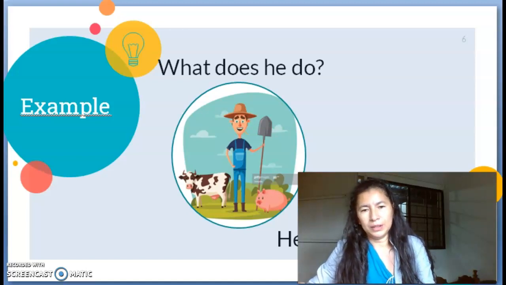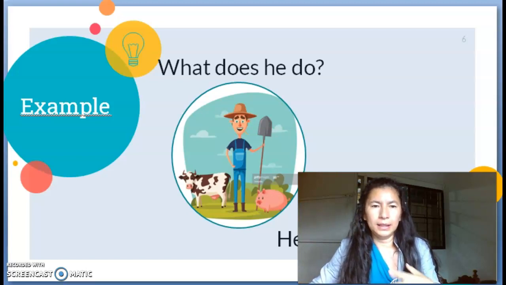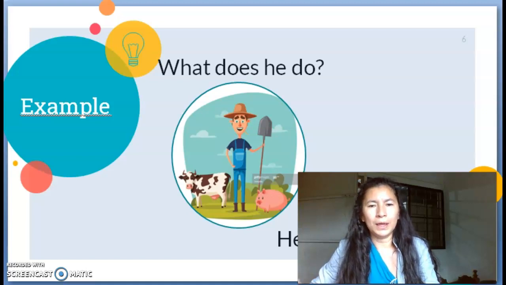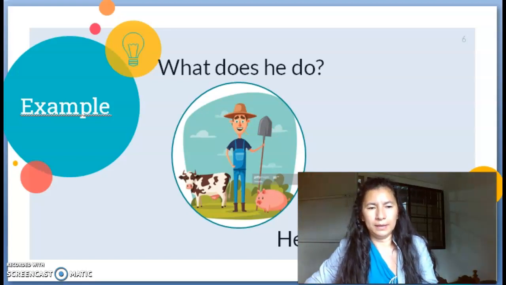For example, the teacher asks the next question, what does he do? And shows a picture, and a student answers, he is a farmer. And the students continue with this activity.